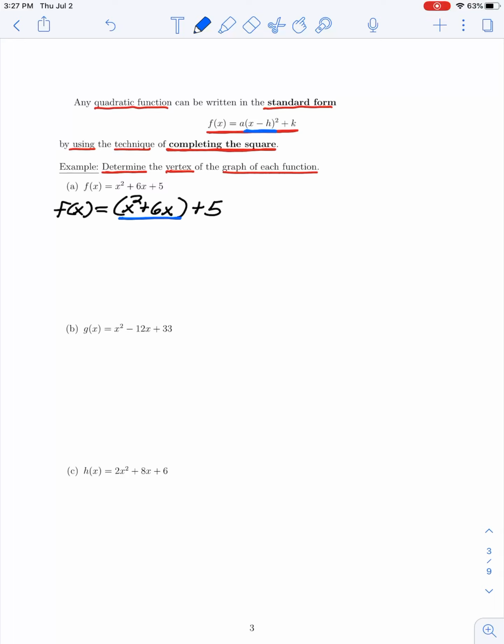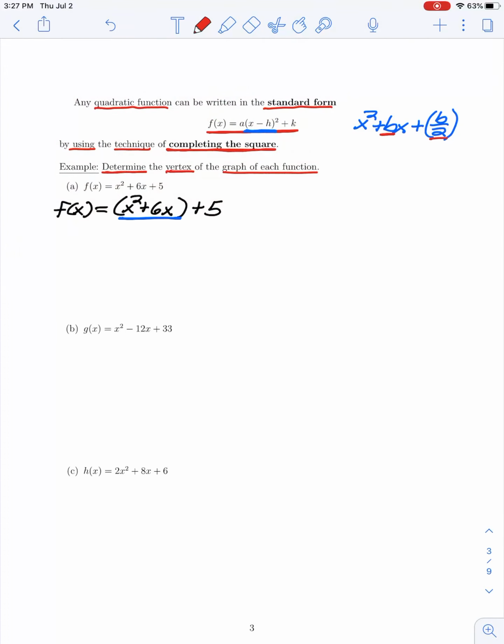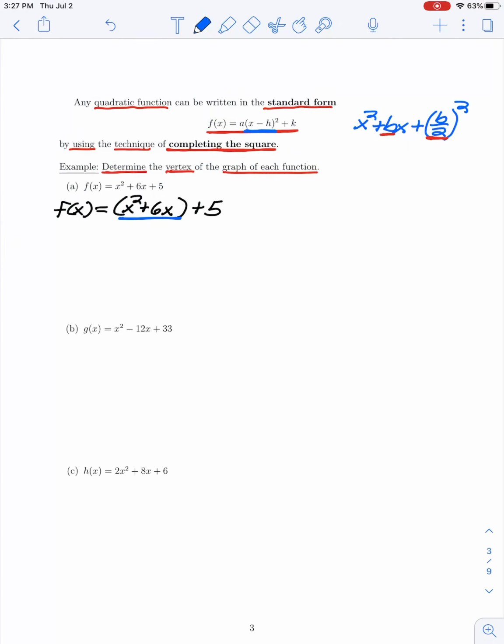Now, in general, if you have something of the form x squared plus bx, the term that you want to add on the end of this expression to factor it as a perfect square would be half of the b coefficient. So whatever number appears in front of x, you want to take half of that value and square it.